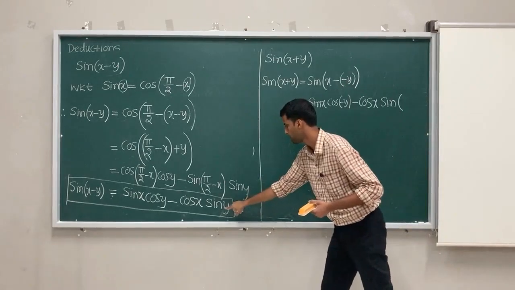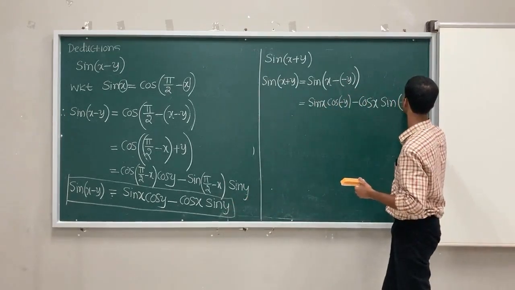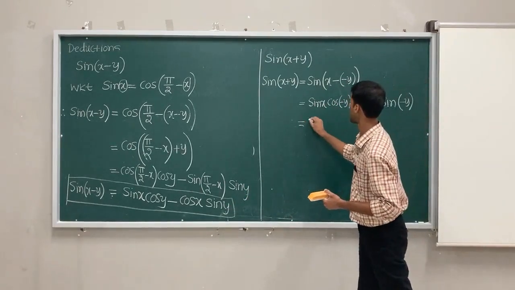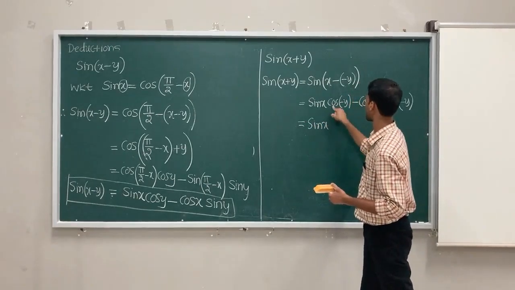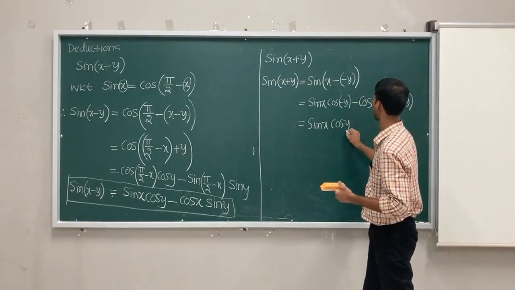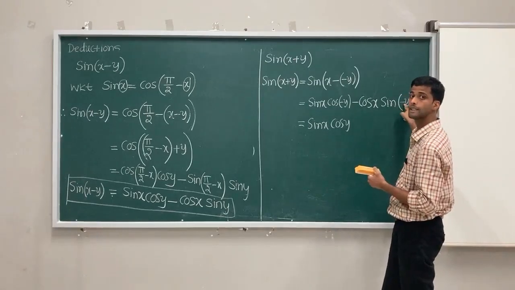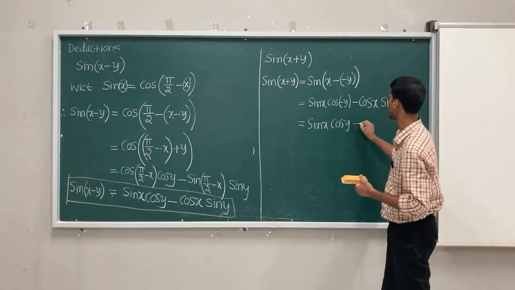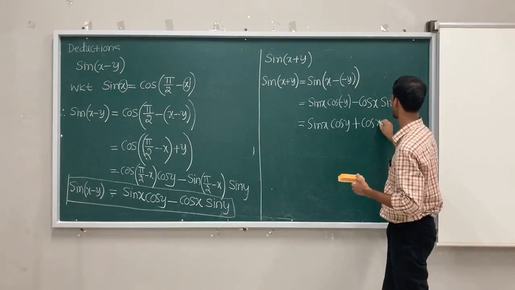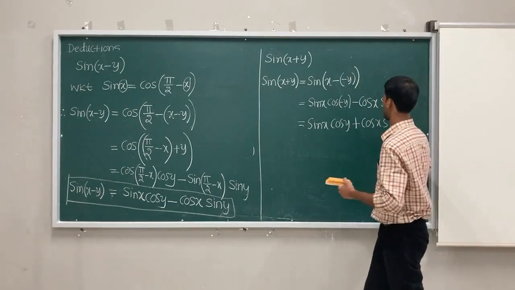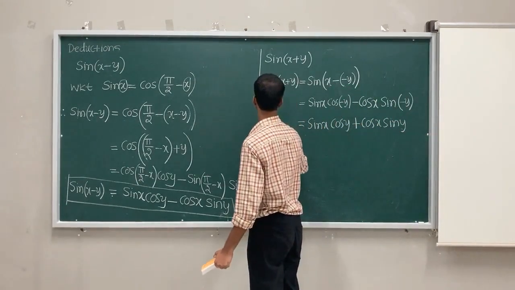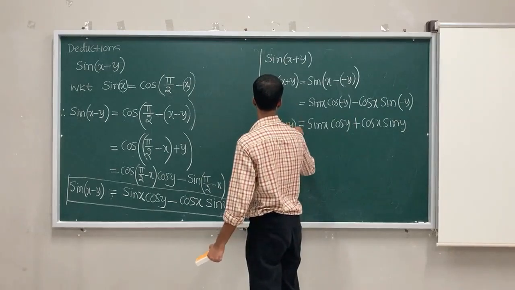It is nothing but sin x, cos of minus y is always cos y. Sin of minus y is always minus sin y. Minus minus becomes plus. It is cos x sin y. That is about sin of x plus y.